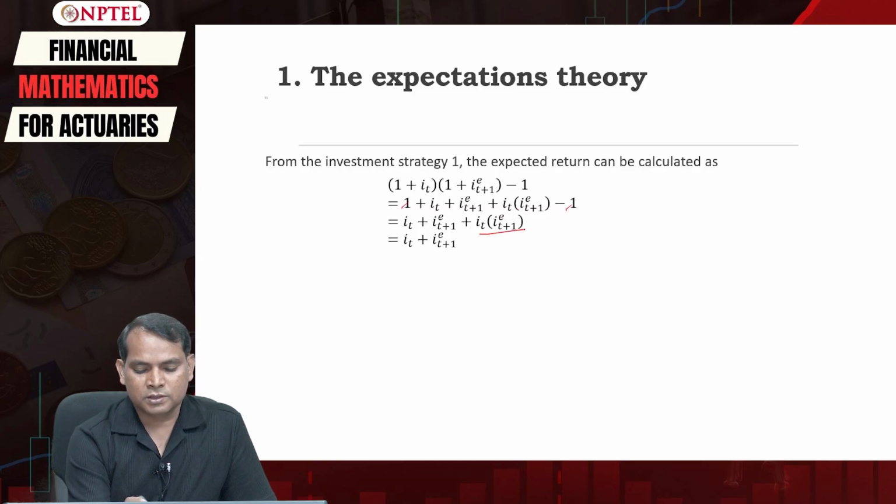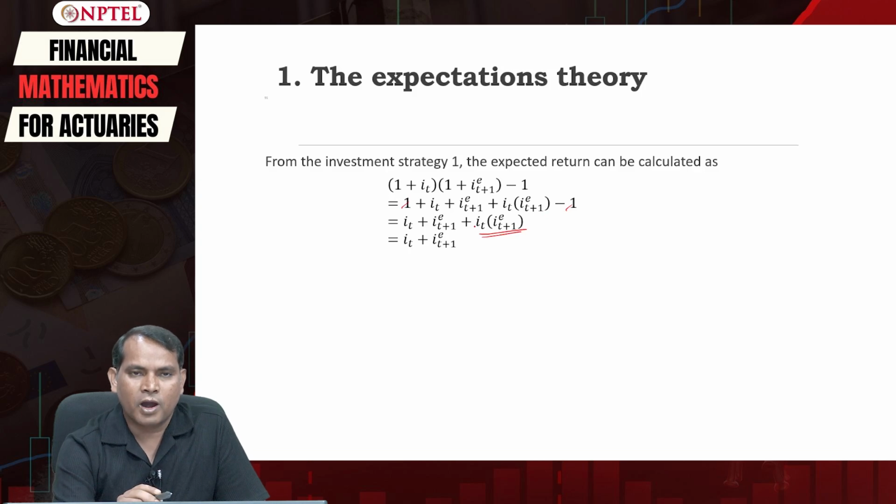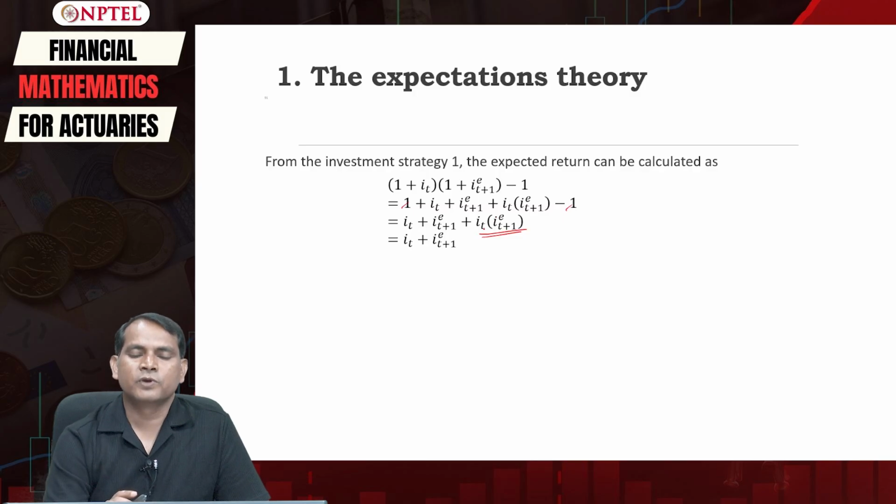Now look at this here. For smaller values of i_t and i_{t+1}^e, the product of these two will be extremely small.